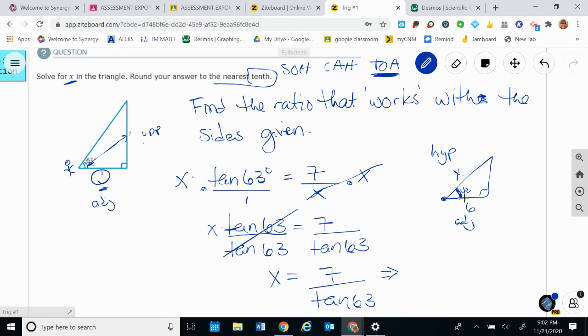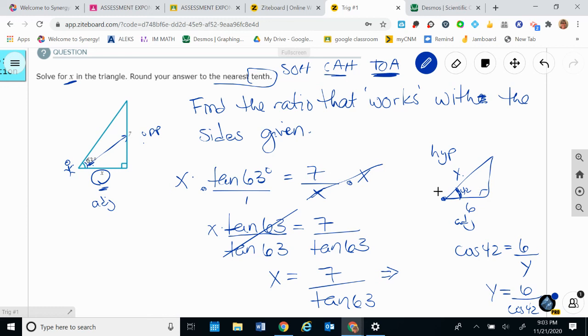I can only have one unknown. So adjacent over hypotenuse, which one is that? Cosine. So I would use cosine of 42 is equal to adjacent over hypotenuse. And then again, I would multiply by y and solve for y. And it would be y is equal to 6 divided by cosine of 42.